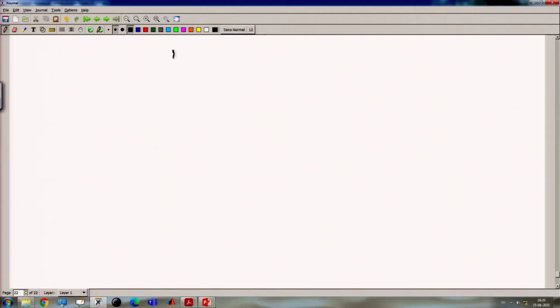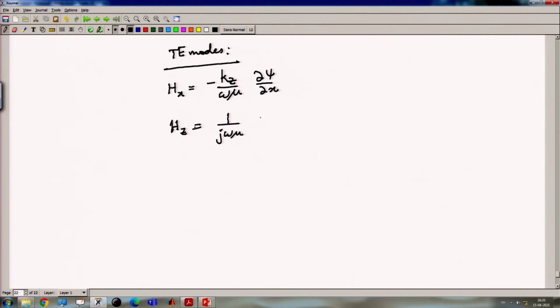So, for the TE modes, the fields are obtained from the psi functions as h x equal to minus k z by omega mu del psi del x, h z equal to 1 by j omega mu times k square minus k z square times psi, and E y is given by del psi del x.